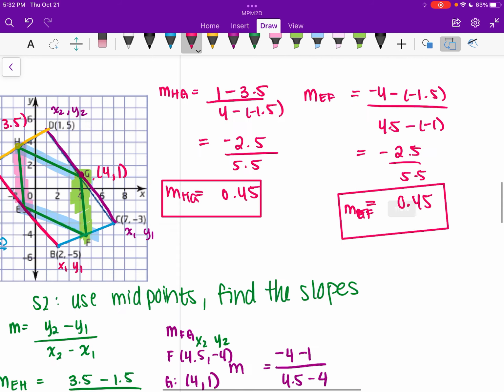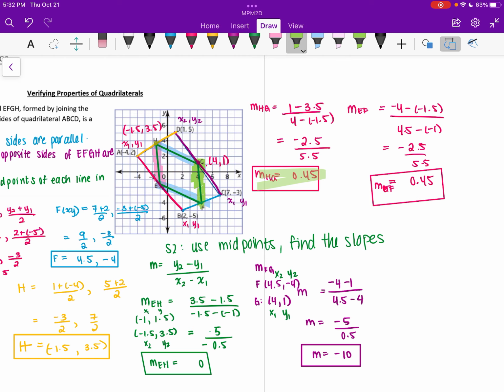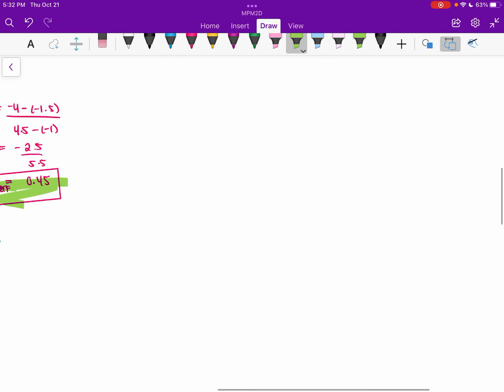So notice how the slopes here are the same and the slopes here are the same. This means that this is a parallelogram.